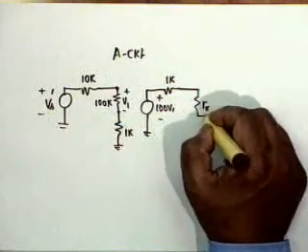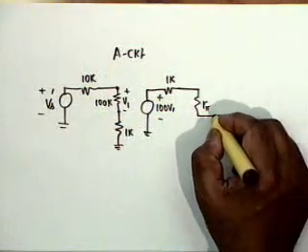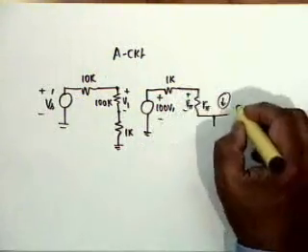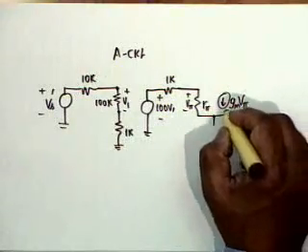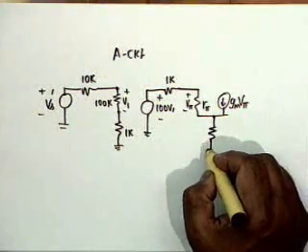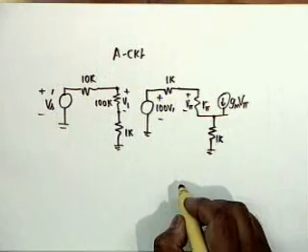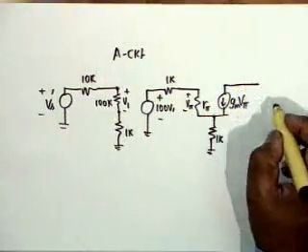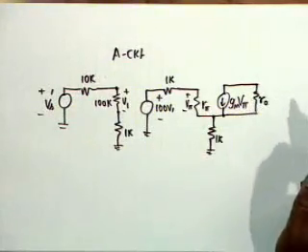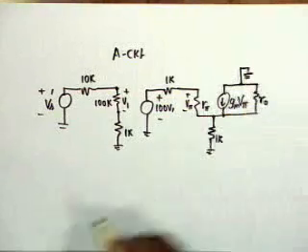Then comes an R pi, and this voltage is V pi. This is GM V pi. This resistance is 1K. This is that RE. And in addition, you have the resistance small r0. This is grounded, the collector is grounded.